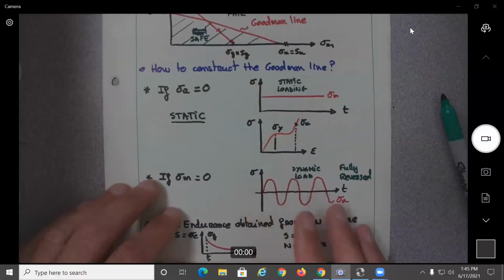As you saw on the Google page, you have different lines that will give you different criteria.